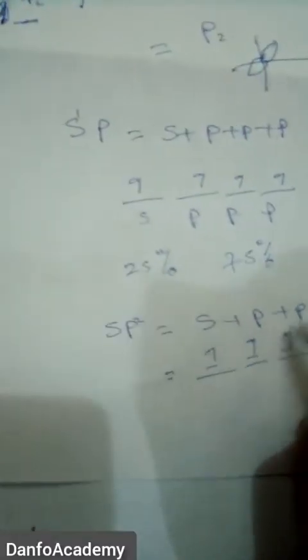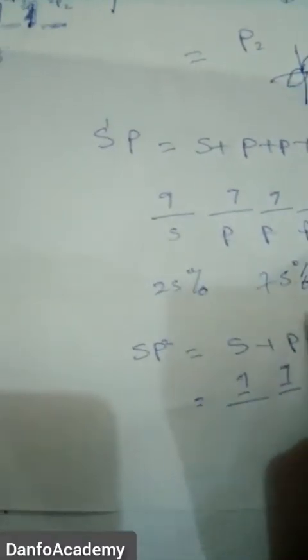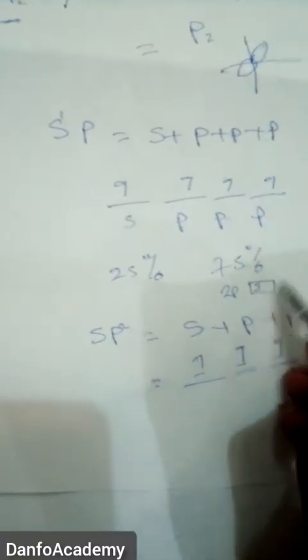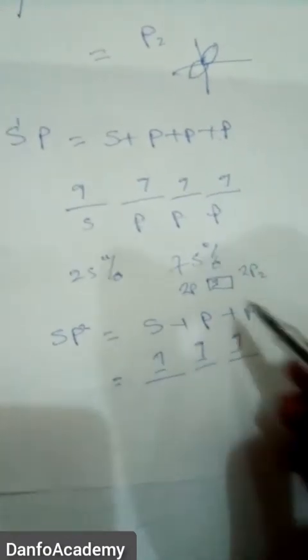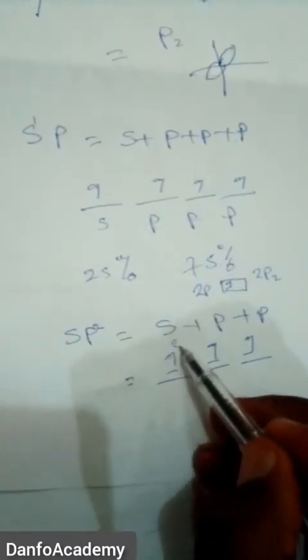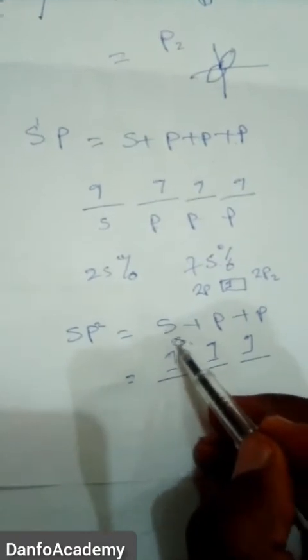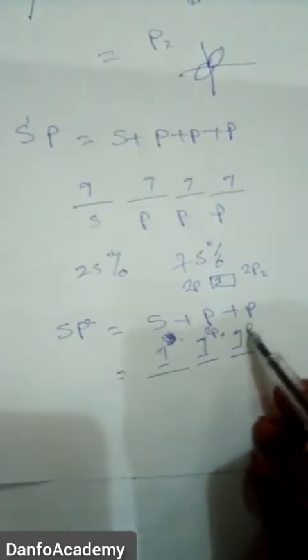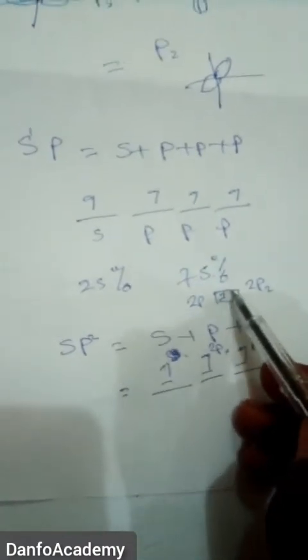It becomes unhybridized. It shifts up, goes up like this. So you still have your s here, you have your 2px here, and you have your 2pz here, which is unhybridized.